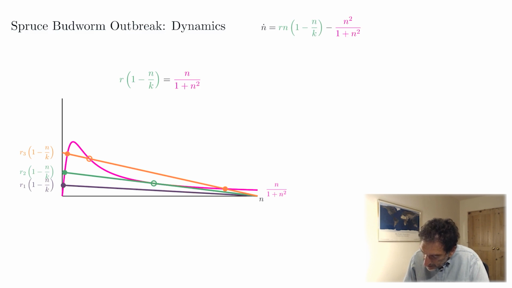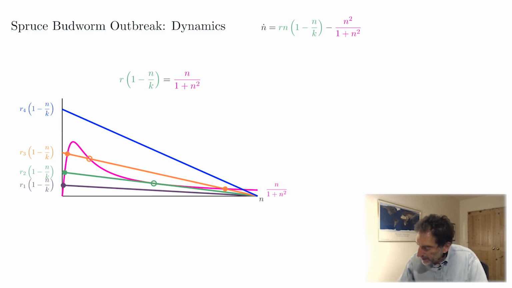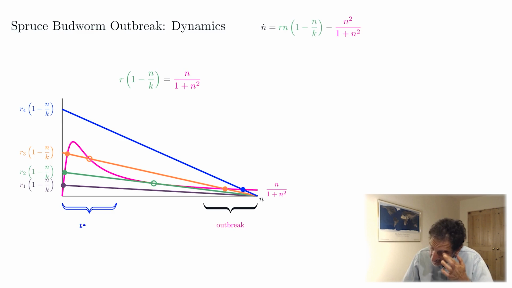And finally, when we increase R still further, we reach a situation where there is only a single fixed point at a relatively large value of n. So where we have a large density or number of spruce budworms, this is what might be called the outbreak. And in the field, the region where there's not very many spruce budworm is called the refuge state.